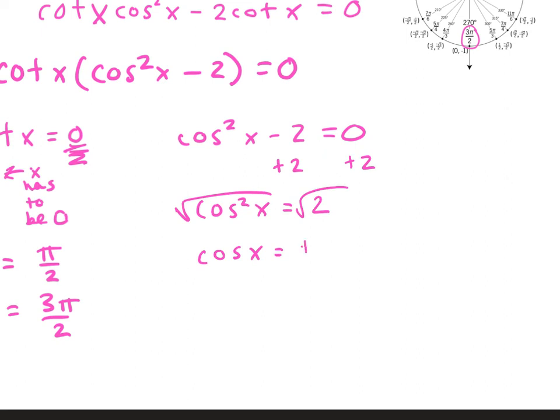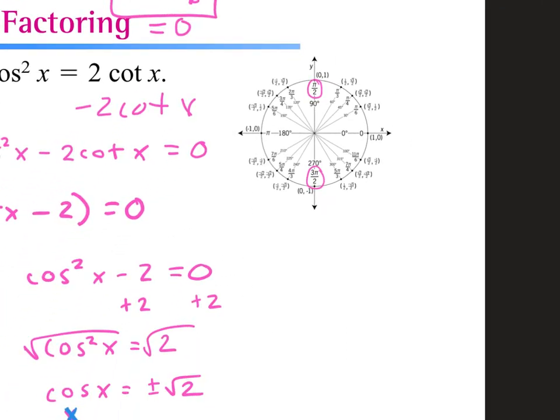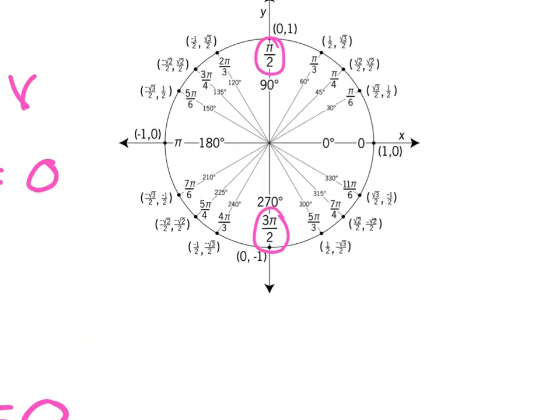Plus or minus square root of 2. So we need to look for the square root of 2. What are we looking at when we have cosine? X over r, or just x. So cosine is x. Looking at our unit circle, where is x a positive or negative square root 2?